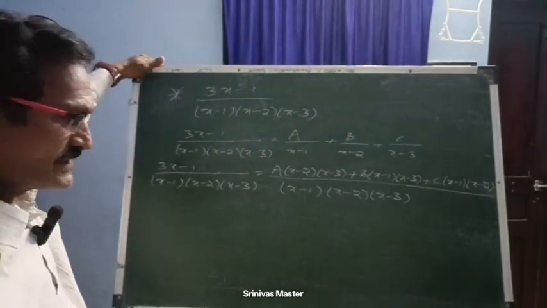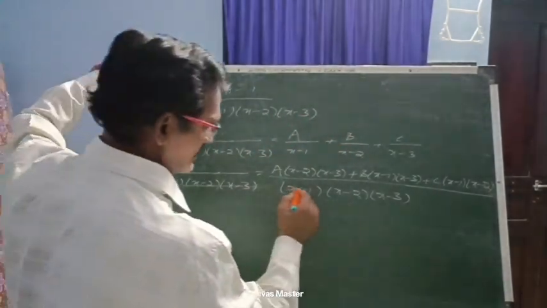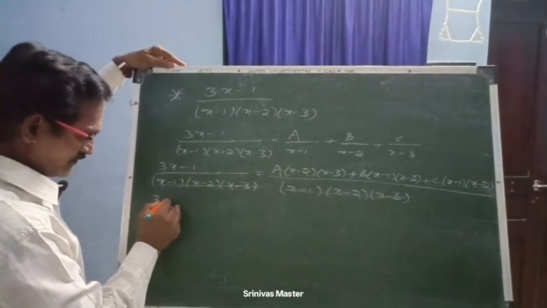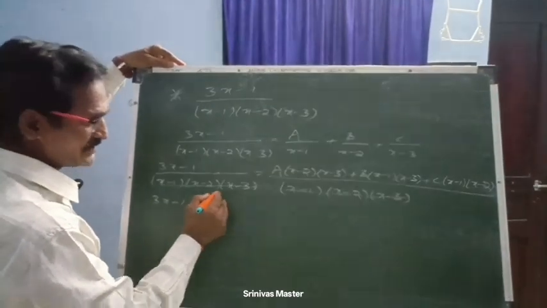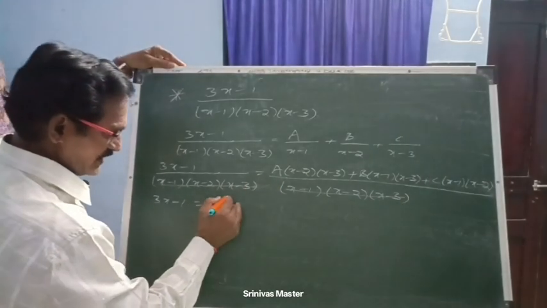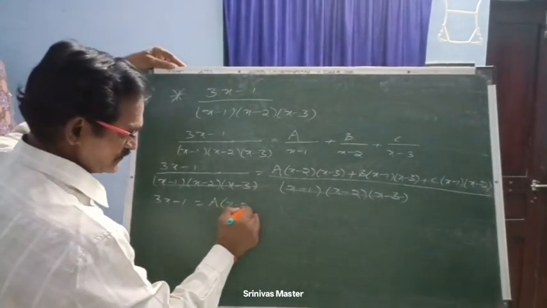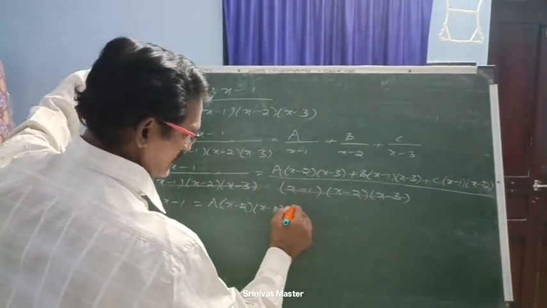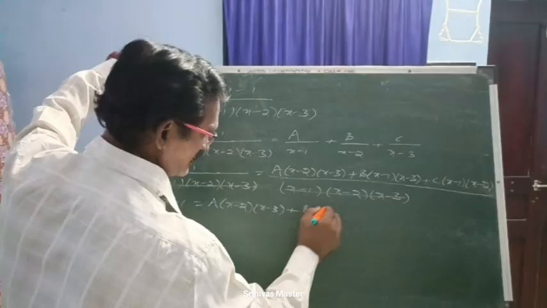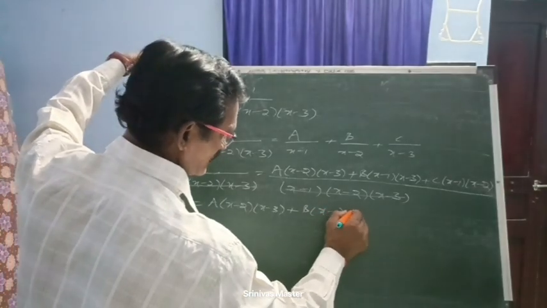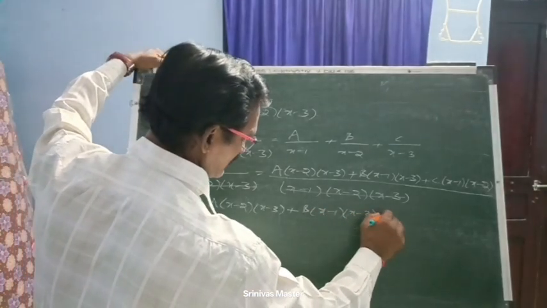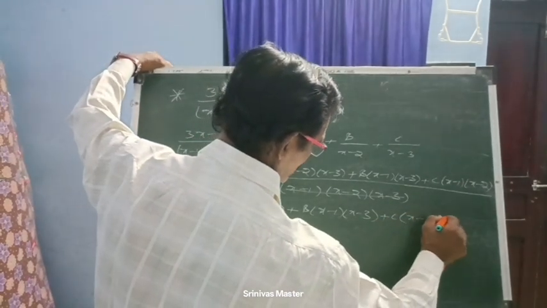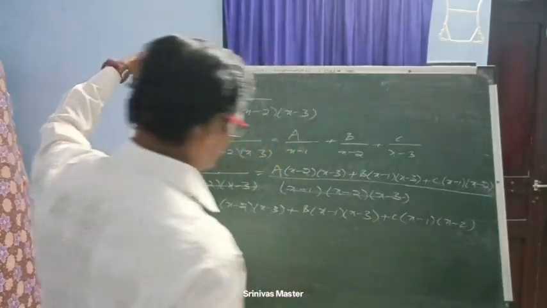If you compare both sides, the denominators are all the same, so you can cancel them. So now what are the remaining, children? 3x minus 1 equal to A into x minus 2 into x minus 3, plus B into x minus 1 into x minus 3, plus C into x minus 1 into x minus 2, right?